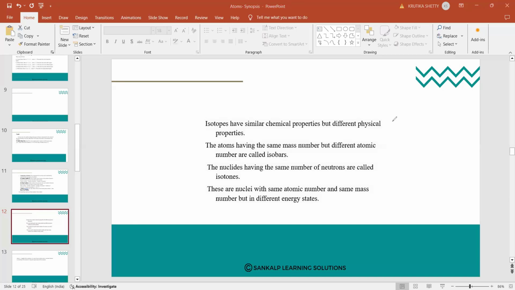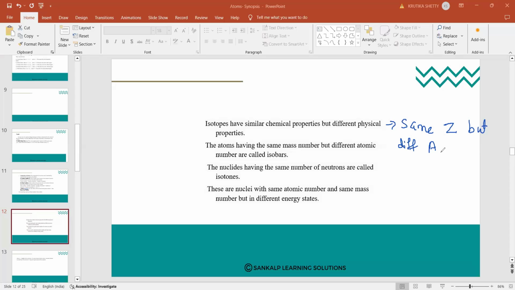Okay, so here I am writing one more definition. Isotopes are nuclei having the same atomic number but different mass number.